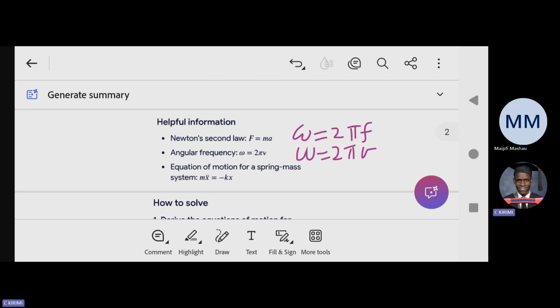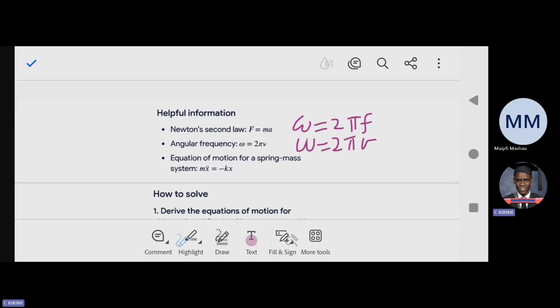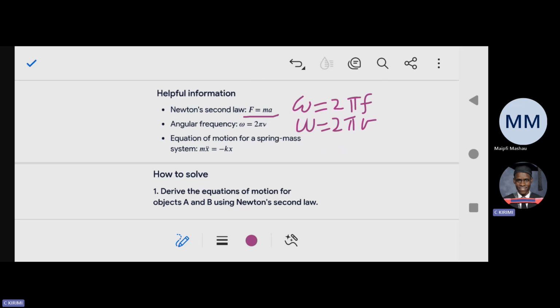These are the equations, and this is what they mean. Force is equal to mass times acceleration, especially when we are dealing with springs. Omega, which is angular frequency, is equal to 2 pi f, 2 multiplied by pi multiplied by f.